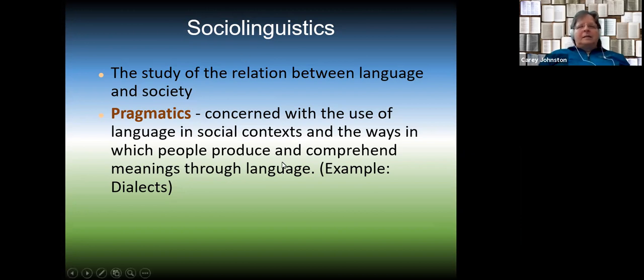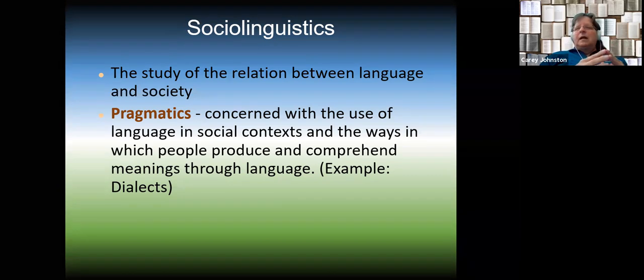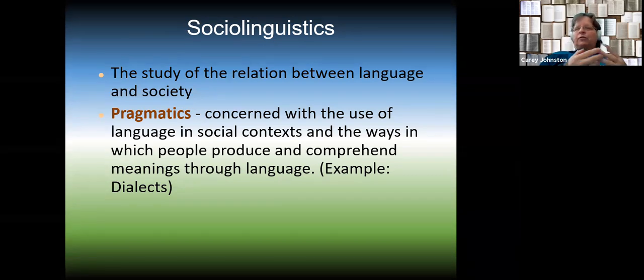And pragmatics is concerned with the use of language in social contexts and the ways in which people produce and comprehend meanings. This is where having your language speakers doing the writing of the stories, and all of those pragmatics get worked out, in that they know the language, they know the culture, and they're going to write things that are appropriate for their people.